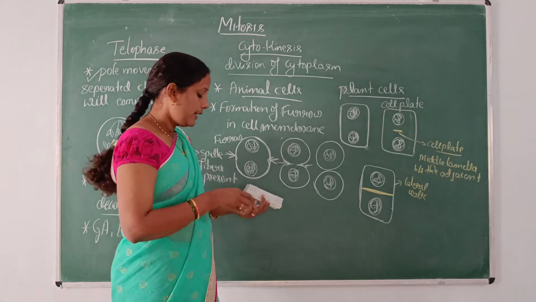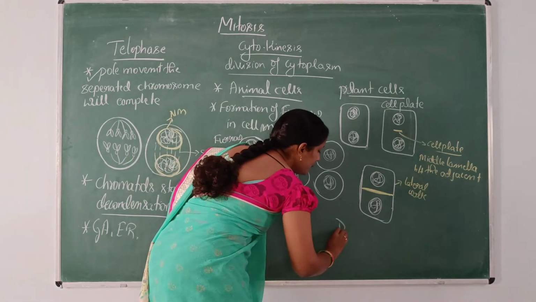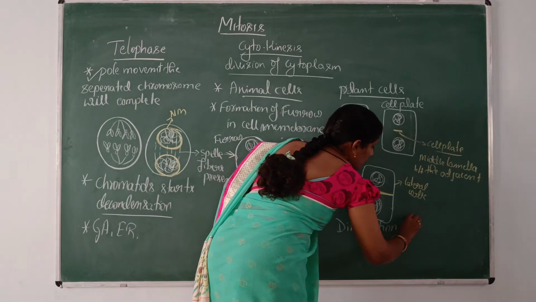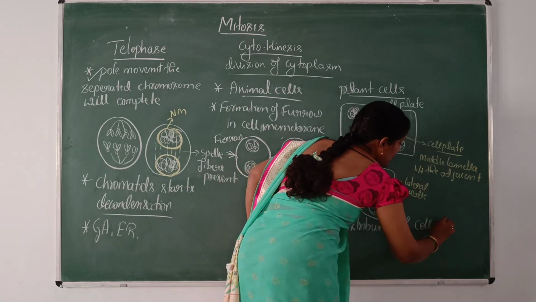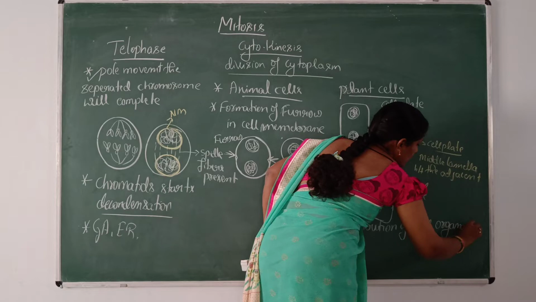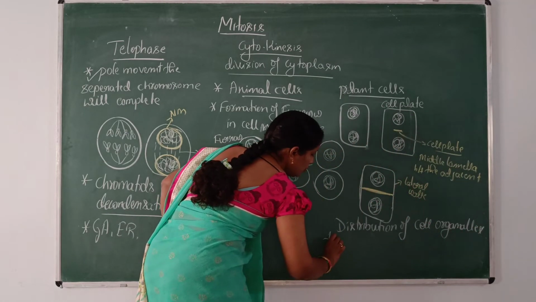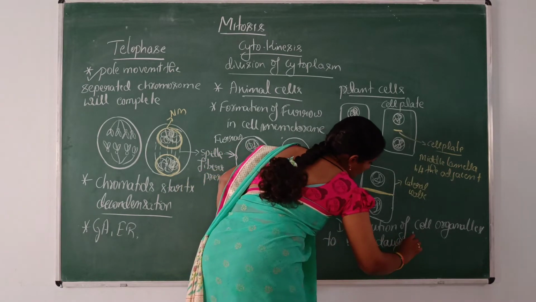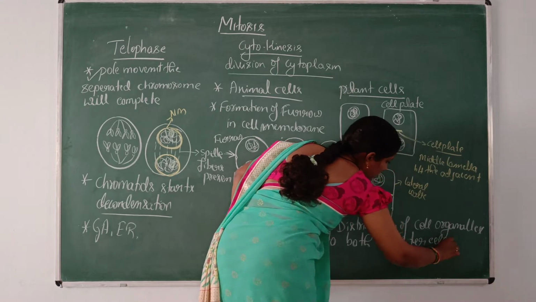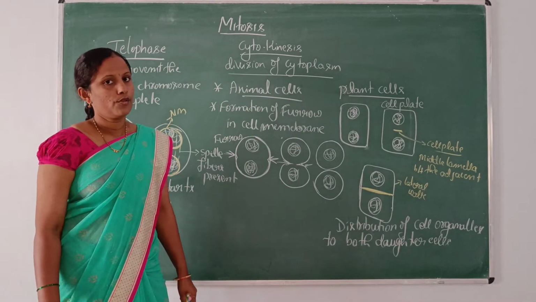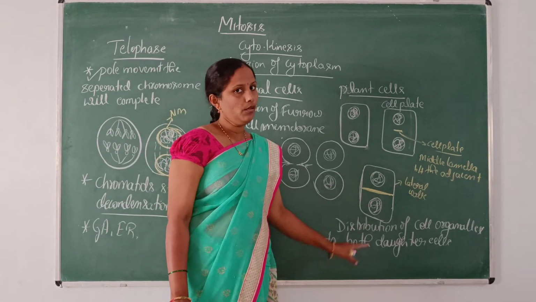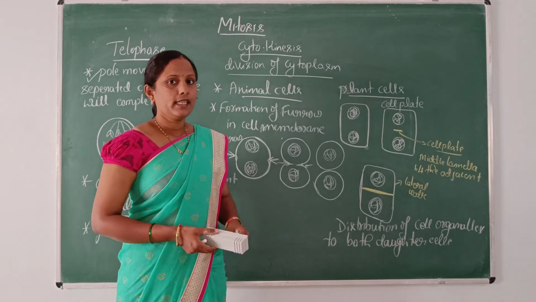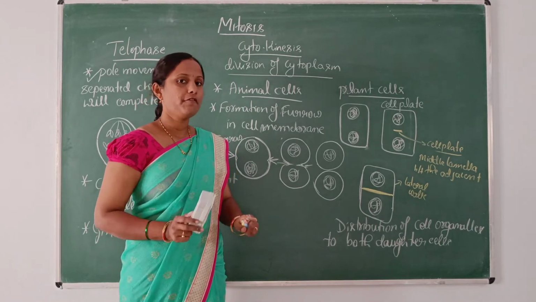So the multiplied cell organelles are distributed equally to both daughter cells, whether plant cell or animal cell, including the nucleus, to maintain stability and carry out the same functions.